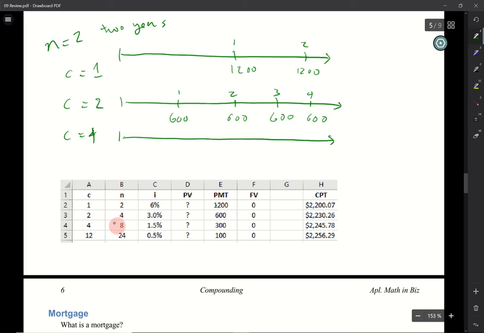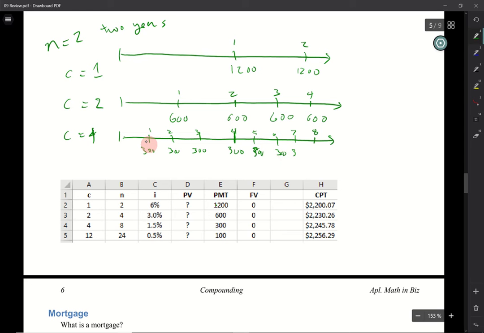and now there are 8 compounding periods, right? So the year is broken into 1, 2, 3, right? So this would be 1, 2, 3, 4, and then 5, 6, 7, 8, and then instead of 600, you say it would be every 300. So 300 times 8 would be 2,400.